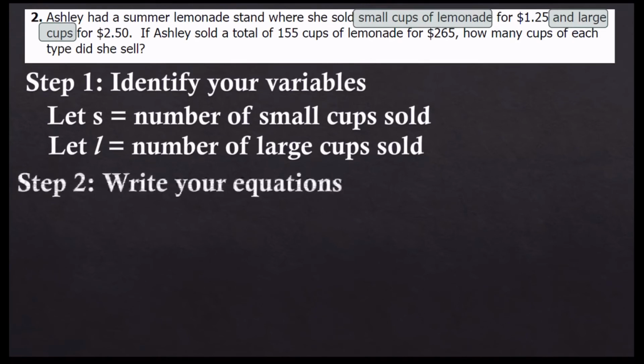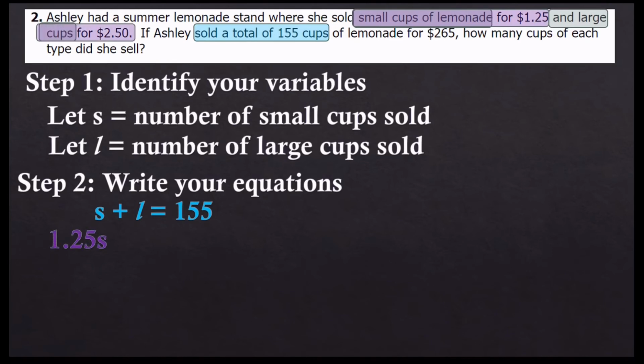So now I have to write my equations. So if I look at the first one, it says she sold a total of 155. So that means if I just take S plus L, it should equal 155. That was the total number of cups. Okay. But then she sold the small for $1.25. So she would make $1.25 for every small cup sold.